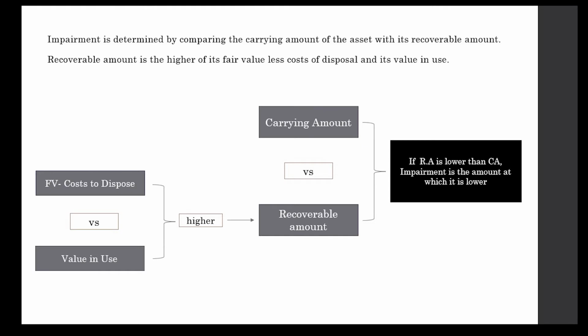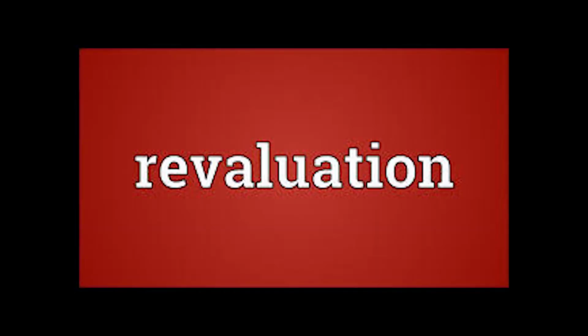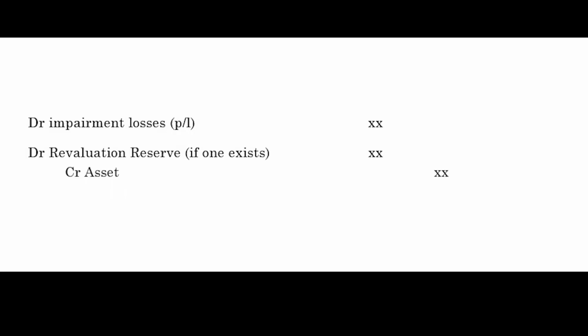impairment should immediately be recognized in profit and loss. Exceptions to this case: if the asset which has been impaired was previously a revalued asset which has a revaluation reserve, which means that your asset has been revalued, a revaluation surplus has been created and has gone to the OCI, and there exists a revaluation reserve for this particular asset, then your impairment should be set off against your revaluation reserve, and any excess should be taken to your profit and loss account.